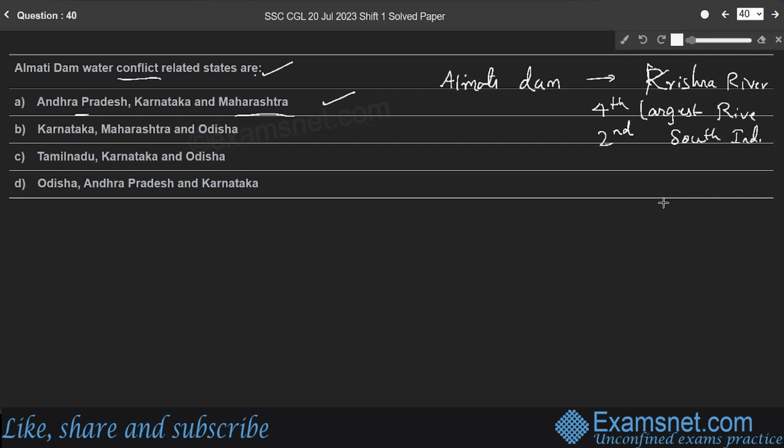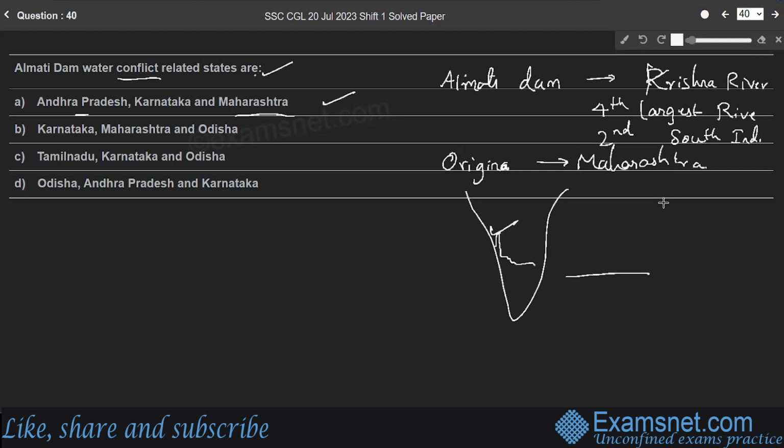So it originates in Mahabaleshwar in Maharashtra, via Karnataka, Telangana and Andhra Pradesh, where it meets the Bay of Bengal, right? So Almatti Dam is built over Krishna River.